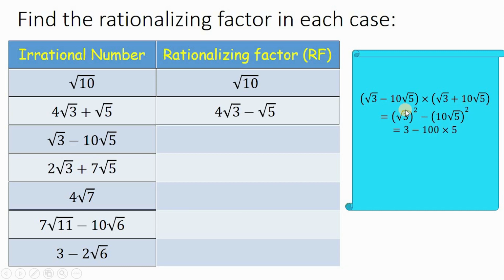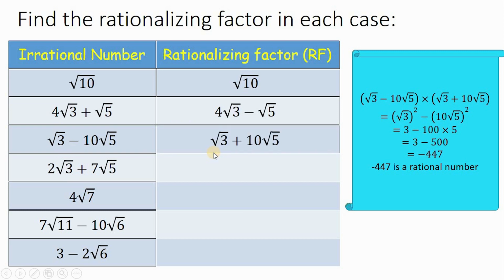Root 3 square, the square and square root get cancelled, we'll get 3 minus, and 10 square is 100 into root 5 square is 5. Therefore 3 minus 500 will give minus 447, and minus 447 is a rational number. Therefore the rationalizing factor of root 3 minus 10 root 5 is root 3 plus 10 root 5.